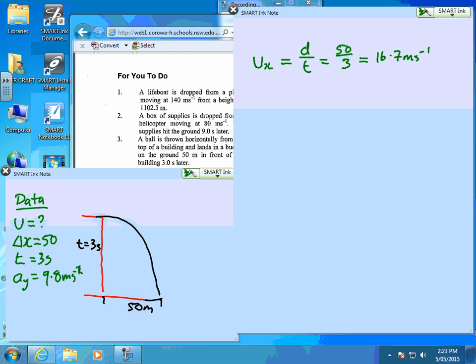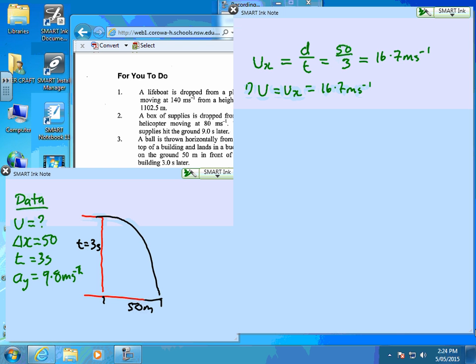Now, interestingly, because it's been thrown horizontally out, is that also my starting speed? That's my UX. What do we know about UX? It doesn't change, right? And it's thrown horizontally off the building. So my initial speed, which is question 1, U, equals UX, which equals 16.67 metres a second.